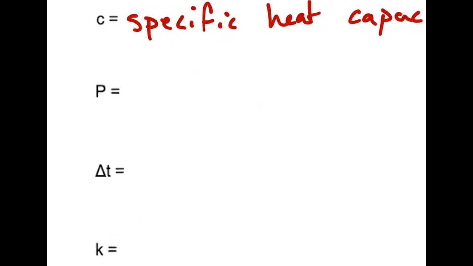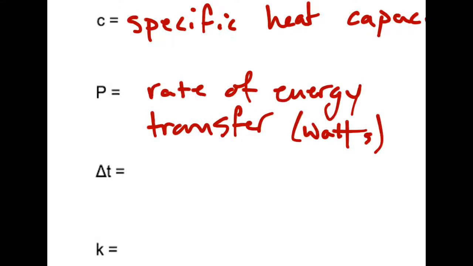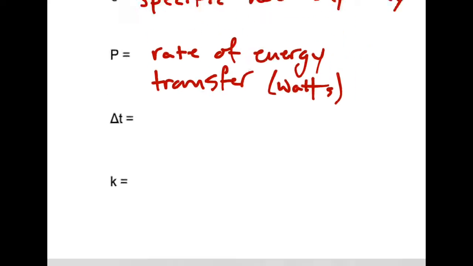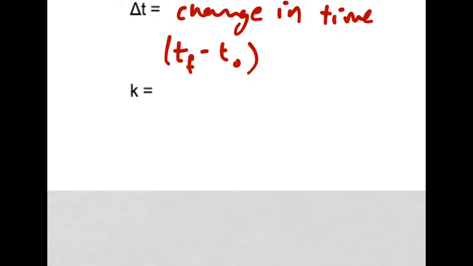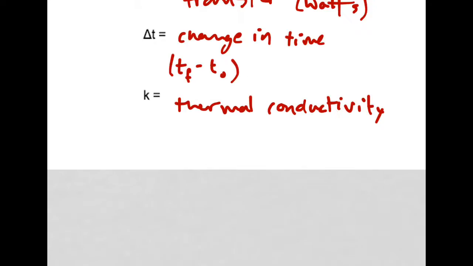Let me get the rest. P is the power, which is the rate of energy transfer in watts. Remember, 1 watt is 1 joule per second. Then we have the change in time, delta lowercase t. Then T sub f minus T sub 0. K is the thermal conductivity. It's a characteristic of the material.